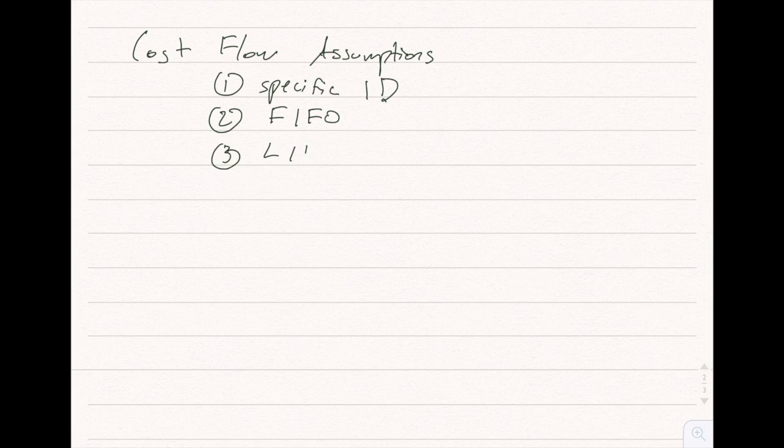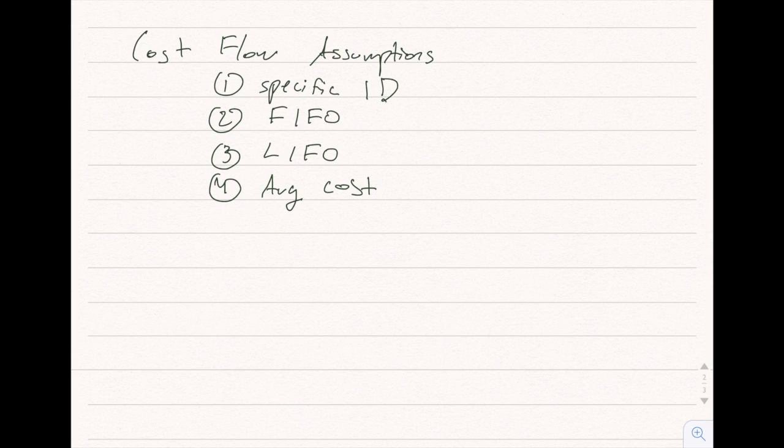There's LIFO, which is last in, first out. And then there's the average cost, or average weighted cost. So what are cost flow assumptions? The idea is that, especially in a big business, it's hard to know what costs to assign, for the purposes of figuring out cost of goods sold, to each individual item. So they're cost flow assumptions.